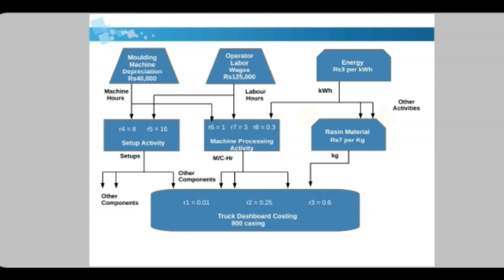R7 equals 3 means that for one machine processing activity, 3 operator labor wages are used. And R8 equals 0.3, so for one machine processing activity, 0.3 kilowatt of energy is used. This is the meaning of R1 to R8.